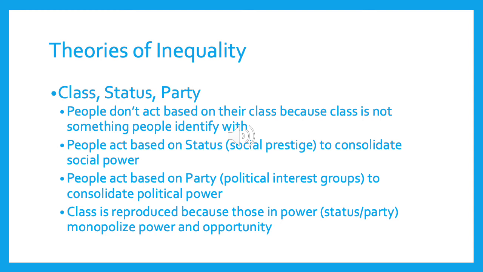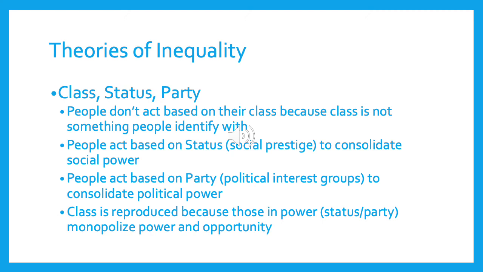So Weber says essentially that people are so concerned with acting based on their status and based on their party that they're not going to act in accordance with class. Basically, I can't be bothered with class because I'm too busy thinking about status and party.